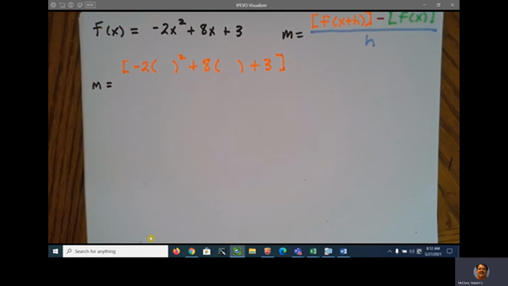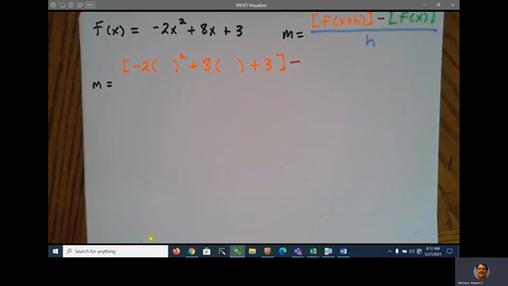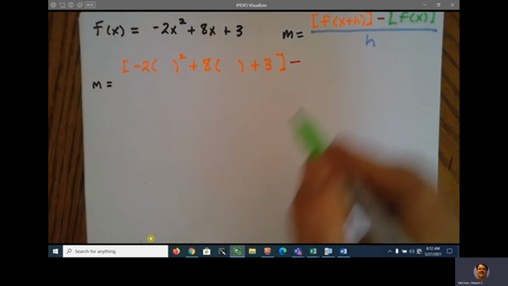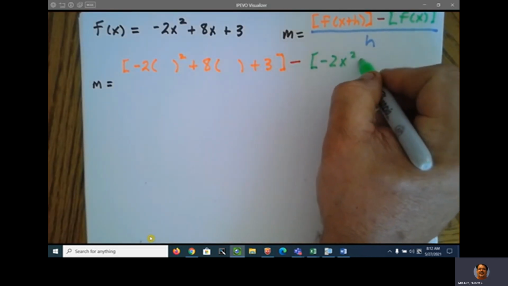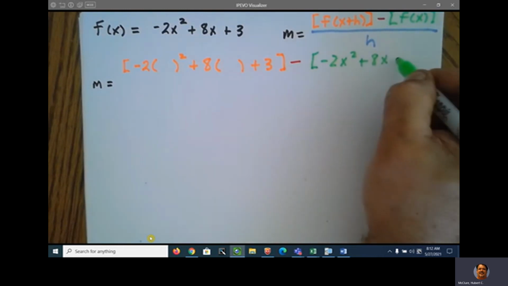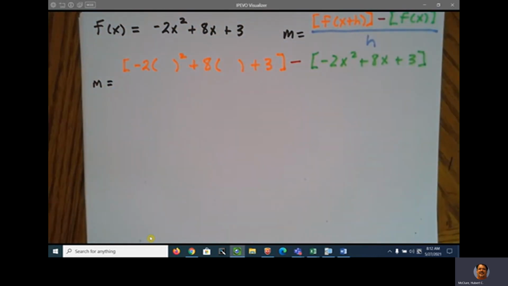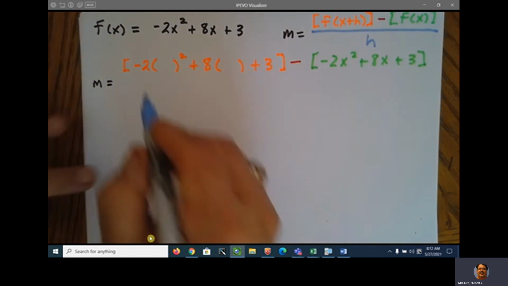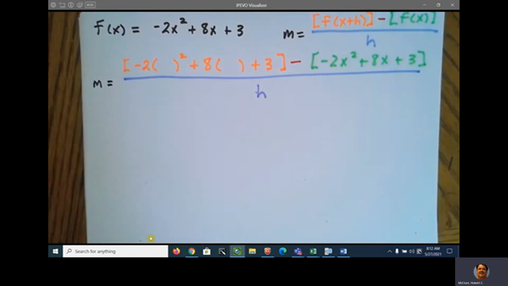And then I'm going to use my red subtraction symbol because that's got to be distributed. And then rewrite f of x, negative 2x squared plus 8x plus 3. And all of that over h. And now you're ready to plug in your x plus h. I'll do that in yellow again.